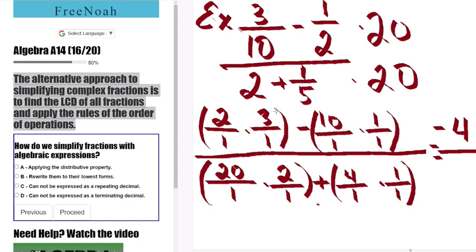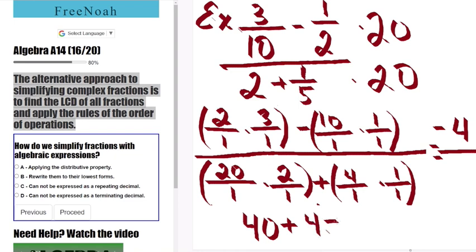And we're going to begin working on the denominator. So 20 over 1 times 2 over 1 will give us 40 over 1. And 40 over 1 is simply 40. Now 4 over 1 times 1 over 1 is 4 over 1.